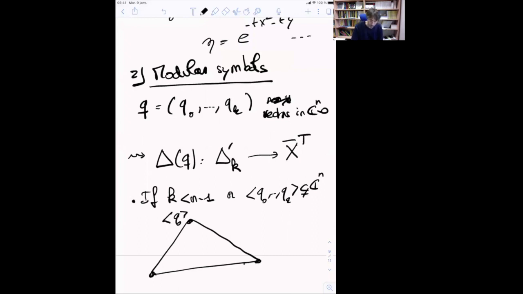So the vertices are the line spanned by these vectors, but also the planes spanned by two of these vectors, and so on.